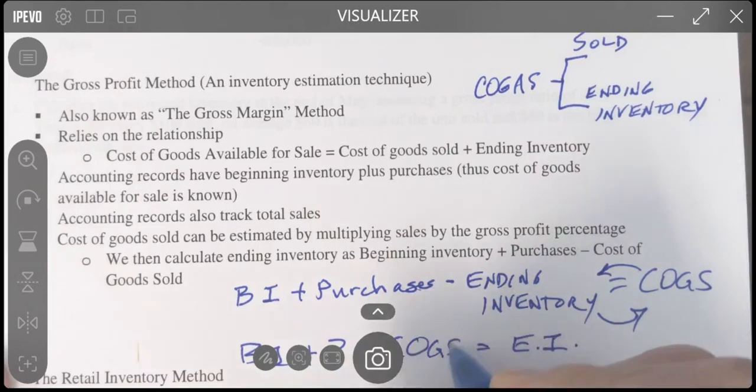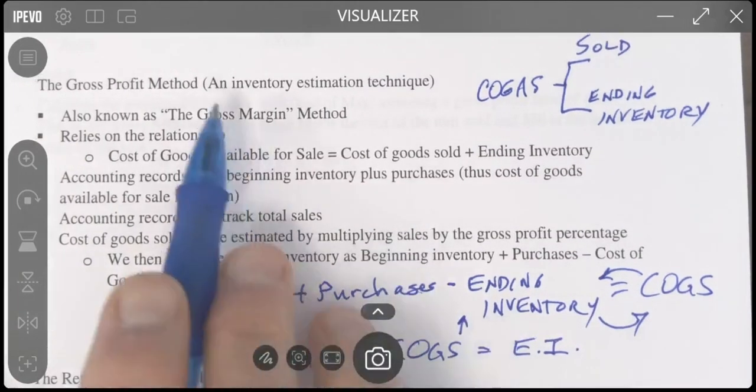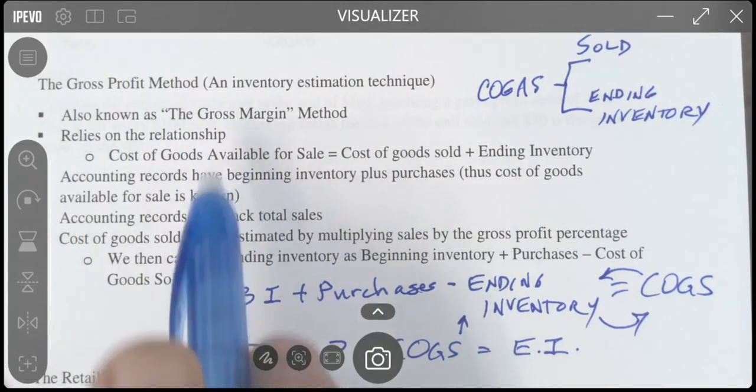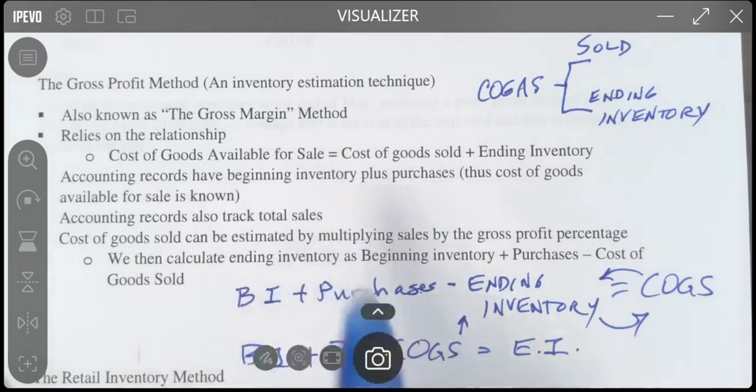And again, that is just an algebraic rewrite of the formula that you've become so comfortable with. Okay, so that's the gross profit method. In the next video, we will do an illustration of this. For now, we just illustrate the concept.